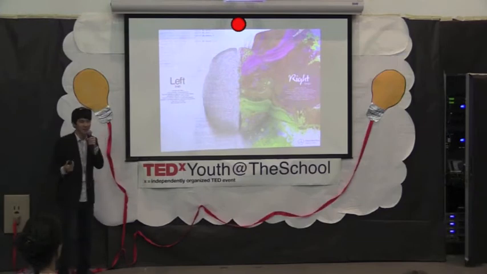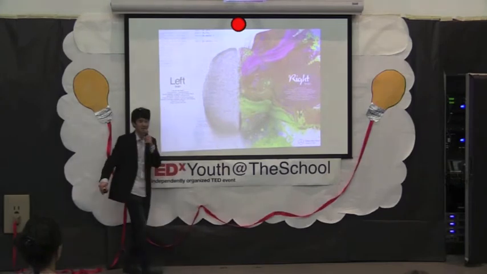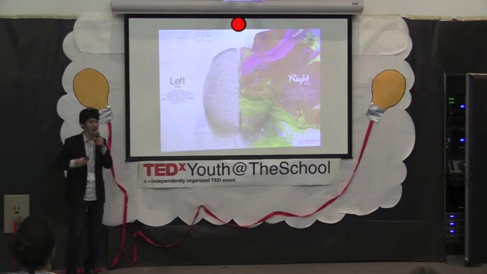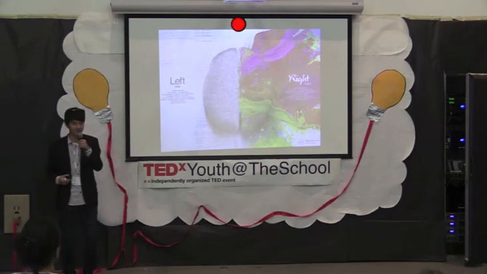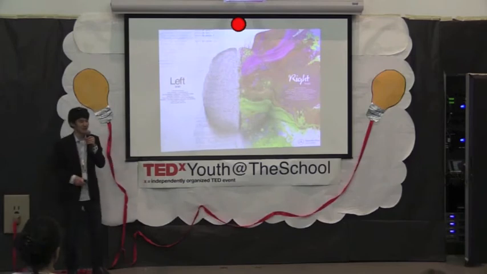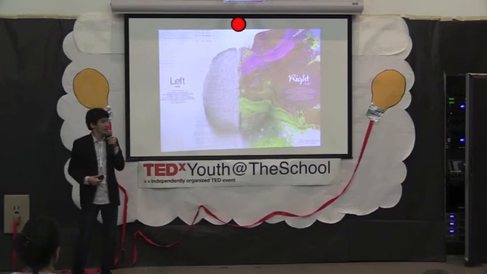And so I think a lot of people tend to think that science is incompatible with this side of the brain, creativity. But I think that's far from the truth. A lot of studies, time and time again, have shown that this whole concept of left and right brain is not true.